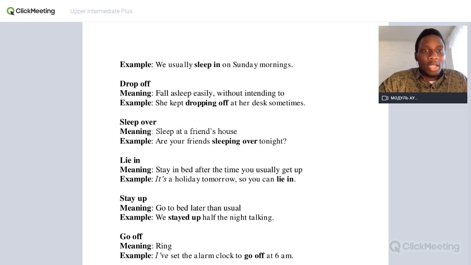Then you have another one, drop off. When we talk about drop off, it means fall asleep easily, without intending to.